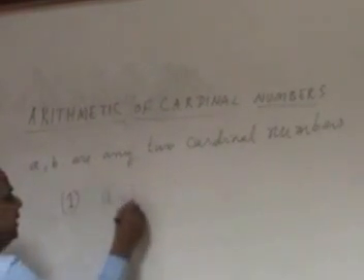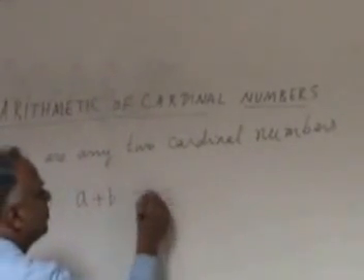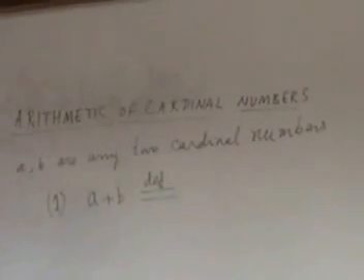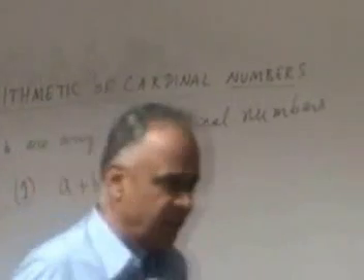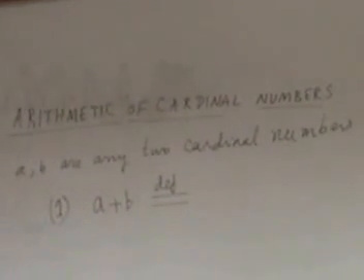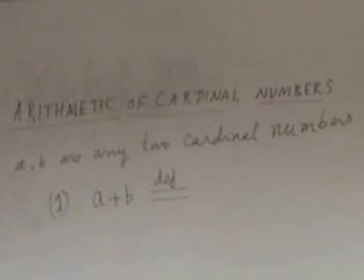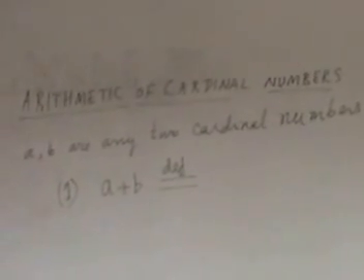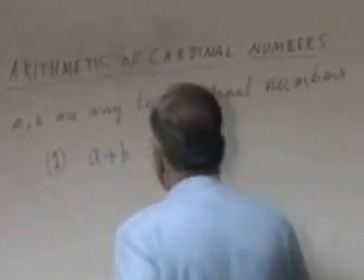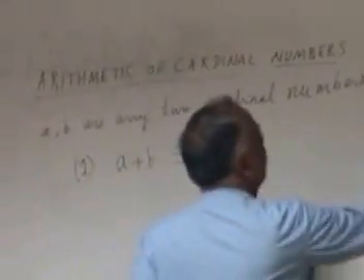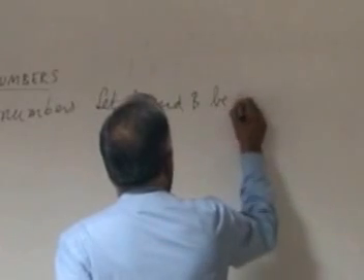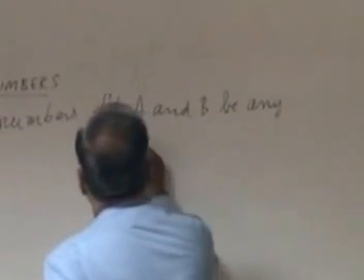We define the addition. How do I define addition? If A is a cardinal number, there must be a set with this as the cardinality, with this as the symbol. There must be a set B with this as the cardinal number. So let A and B be any two.